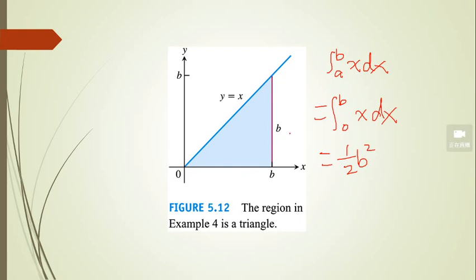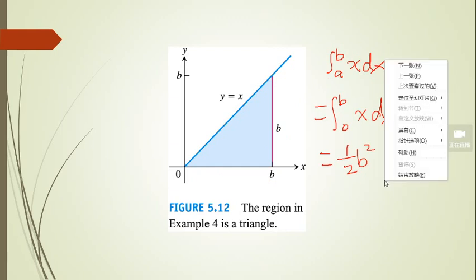No problem, right? So if the region is some shape we're familiar with, like a rectangle, square, triangle or trapezoid, then we can combine with the area formulas, but the definite integral can still represent the area, right?